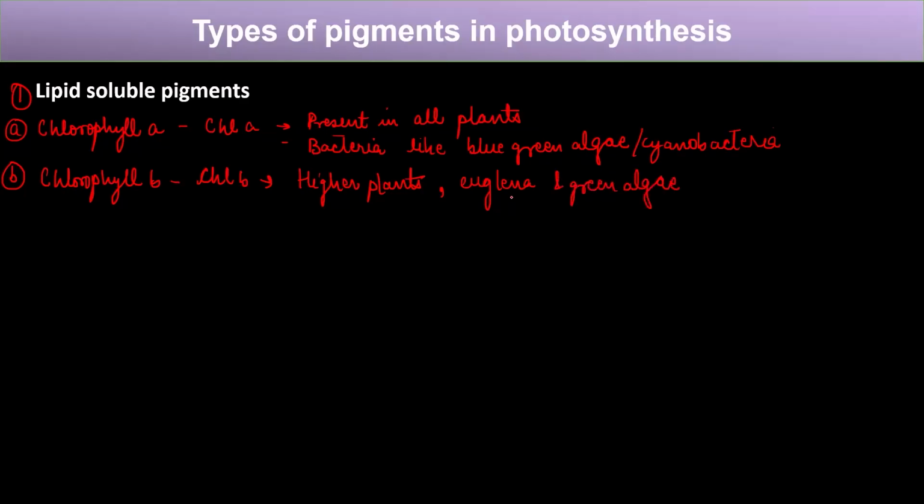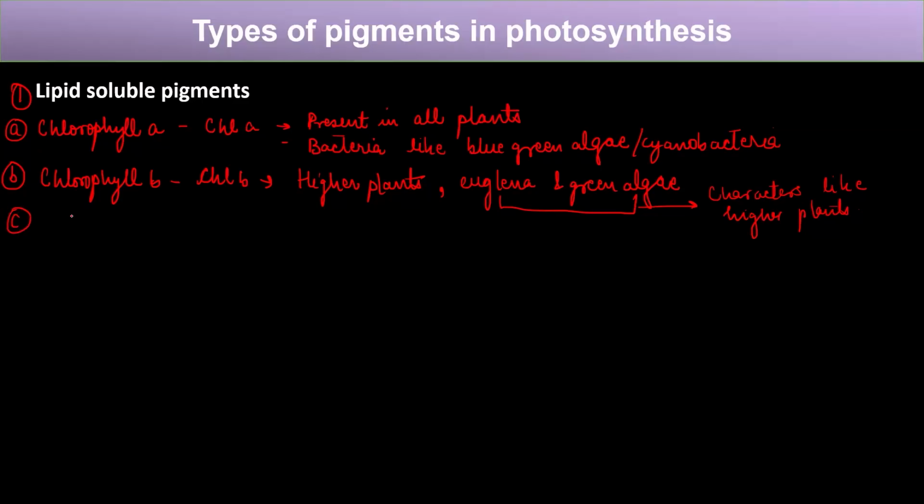Although Euglena and green algae are lower plants, they have higher plant-like characters. So there is chlorophyll A, chlorophyll B.